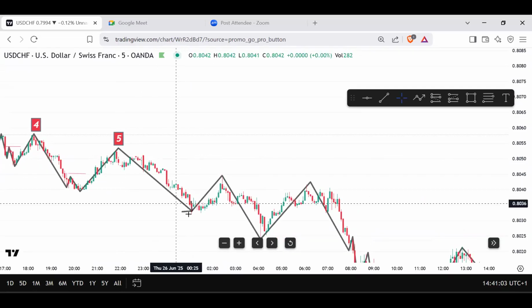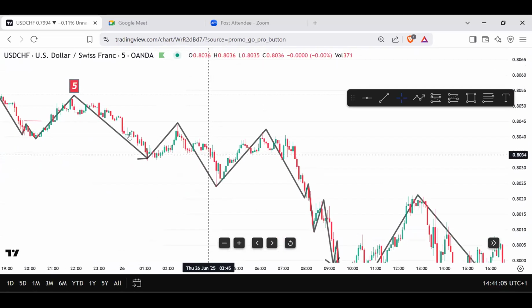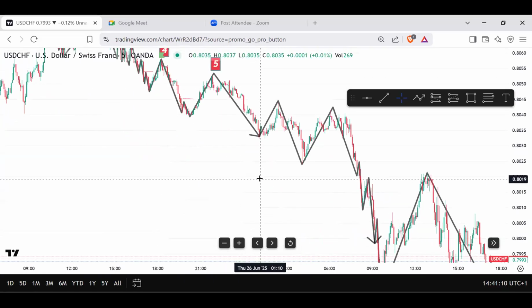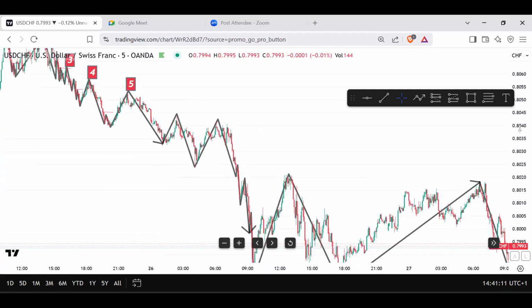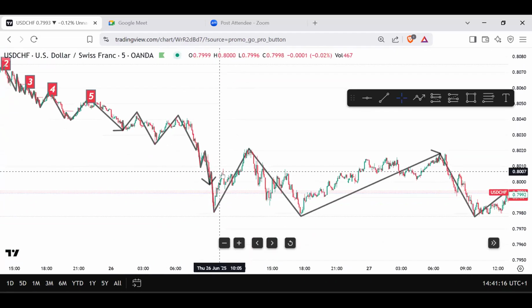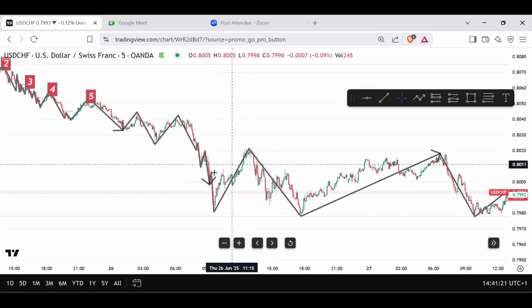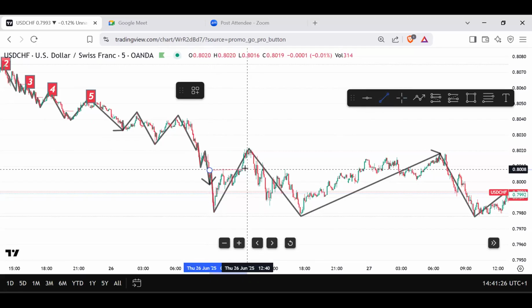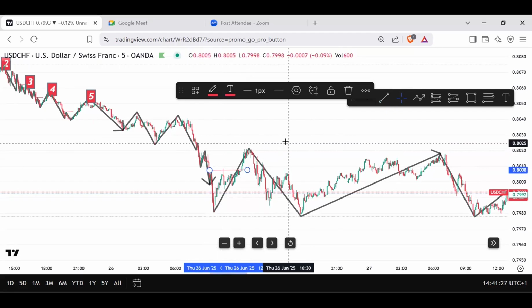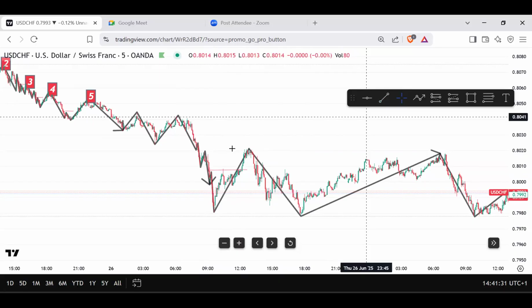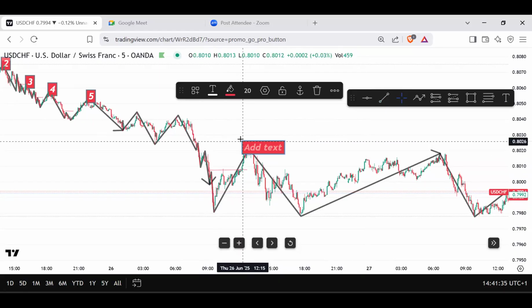Then this is another impulsive move. You can see this is where the inducement is now. That's inducement exactly, because the correction happened there. So another impulsive move started from here.